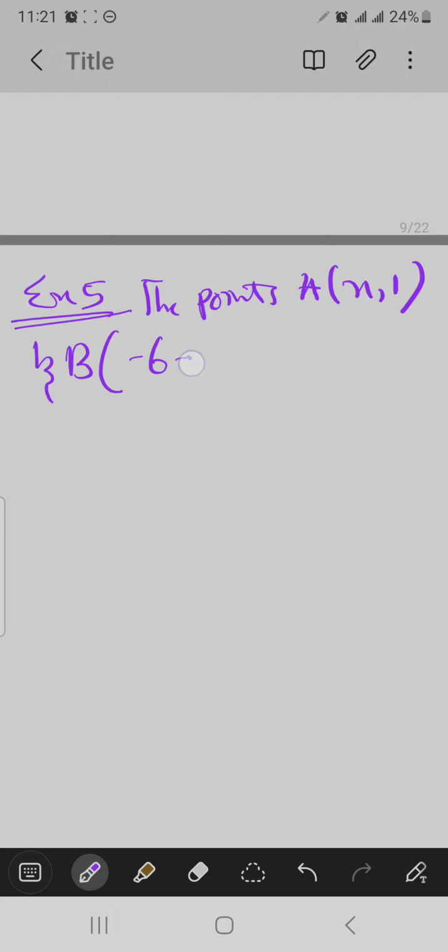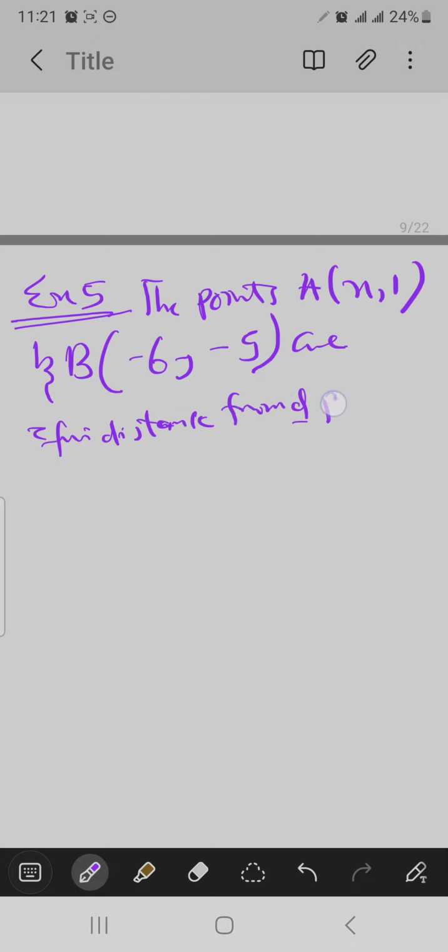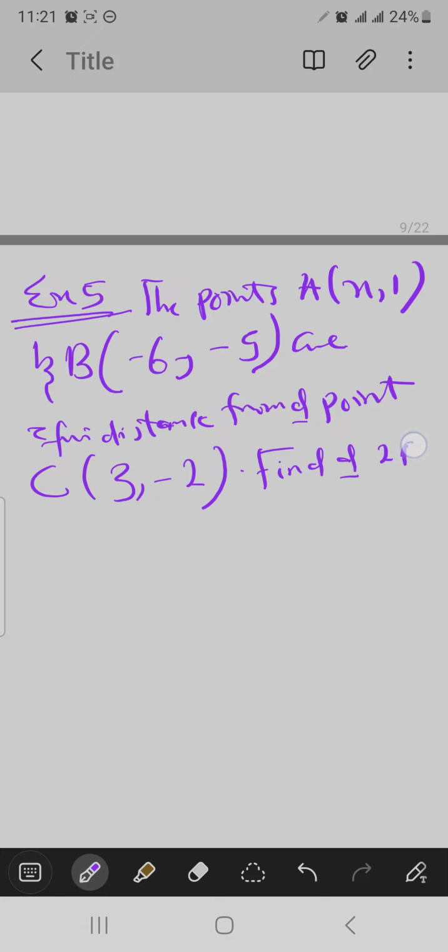They said you should find, the points A (x, y) and B (-6, -5) are equidistant from the point C, and C is (3, -2). Find the two possible values of x.